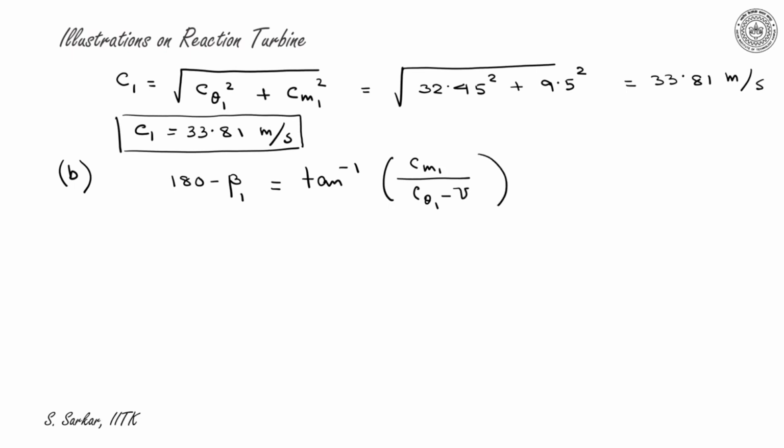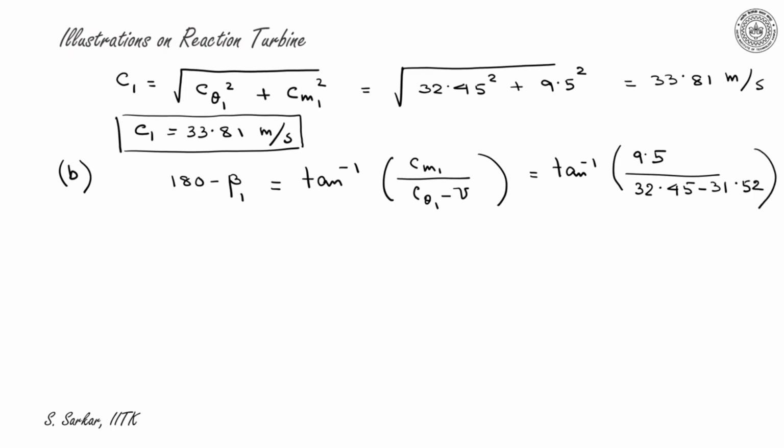If you evaluate, you will get this as 84.77 degree. Thus you will get beta 1, referring to the velocity triangle, equal to 95.23 degree. So I have evaluated beta 1.